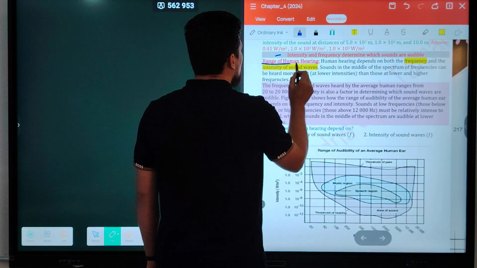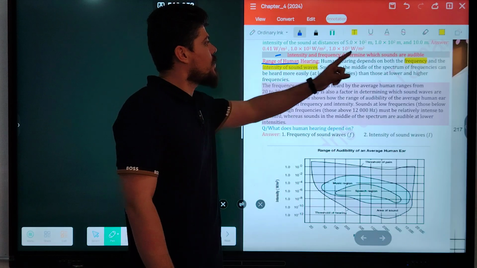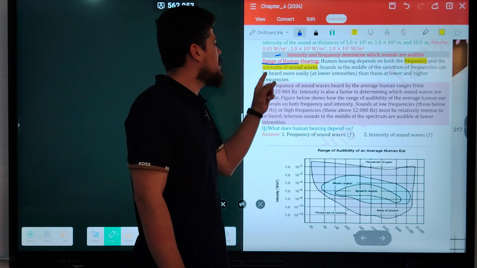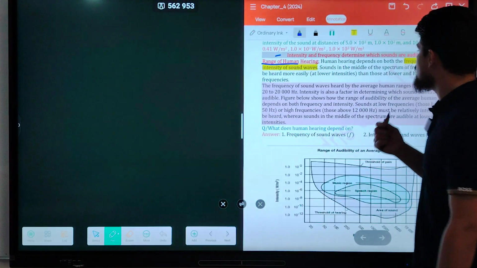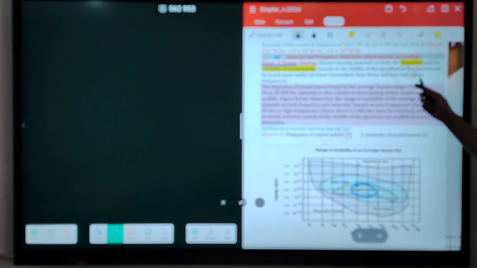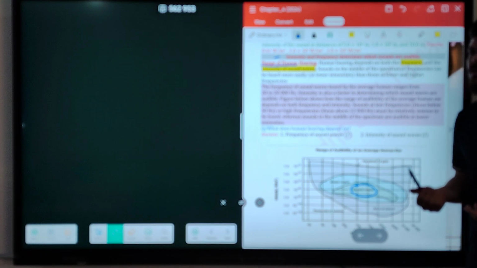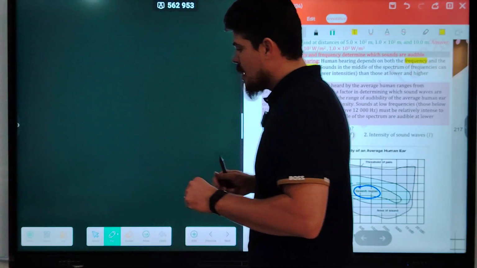What does the range of human hearing depend on? It depends on the frequency of the sound and the intensity of the sound wave. Sounds in the middle of the spectrum of frequencies can be heard more easily, at lower intensity, than those at lower and higher frequency. Now I'm going to explain why.